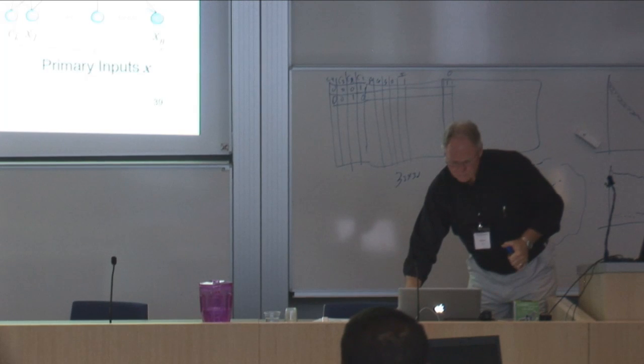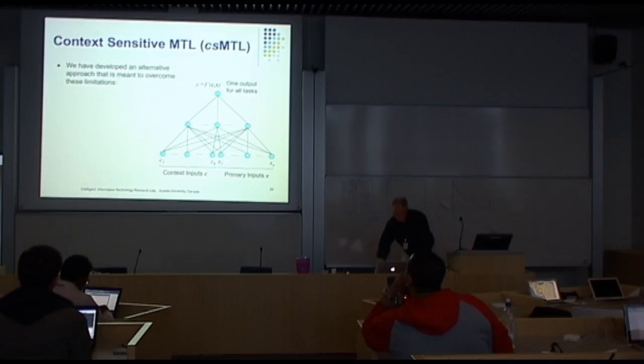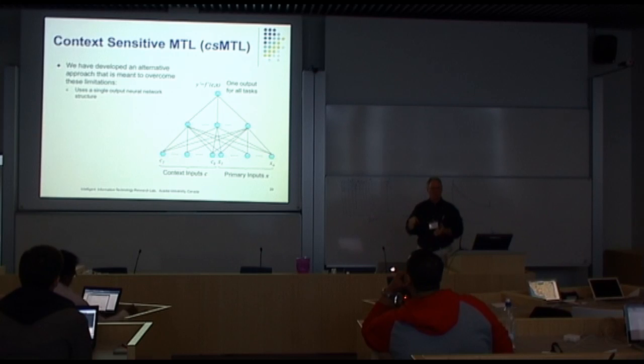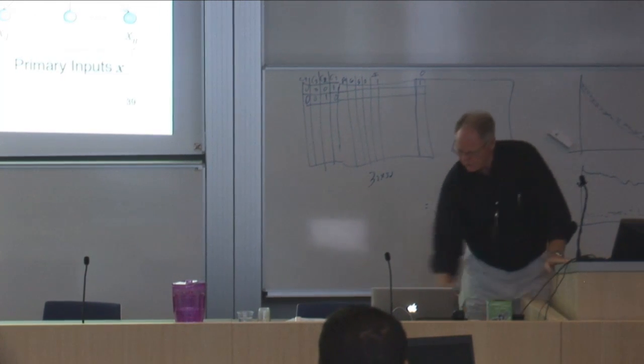So we developed this alternative approach called context-sensitive multiple task learning. It uses a single output neuron network structure. So now you're learning a function f of c, the context inputs, as well as the primary inputs.